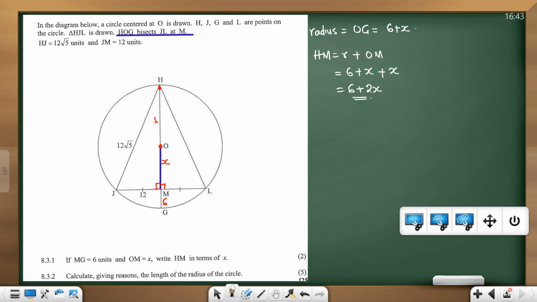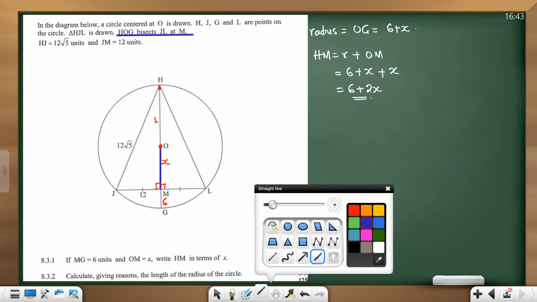Does anybody have an answer? Did anybody get an answer? Yes, Nalady? I want to know how is OH only X, isn't it supposed to be X plus 6, because if OG is the whole radius, shouldn't it be the same for OH as well?